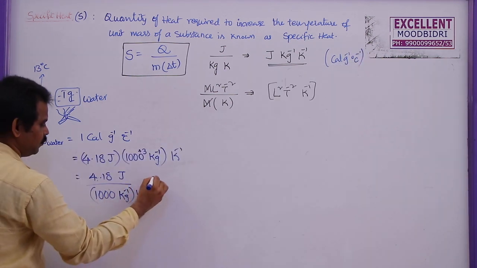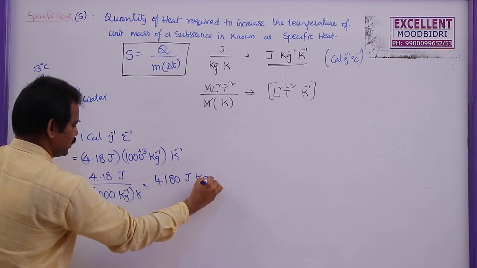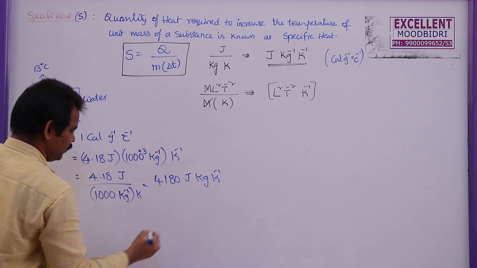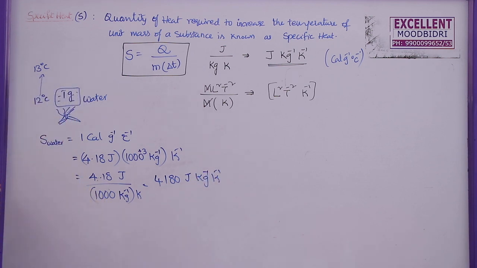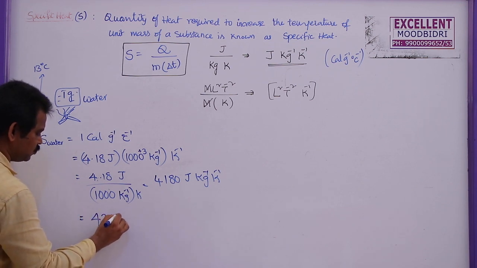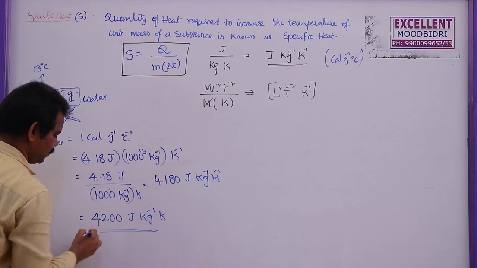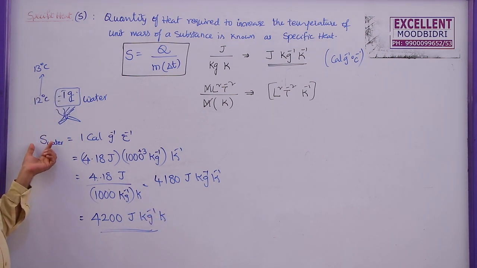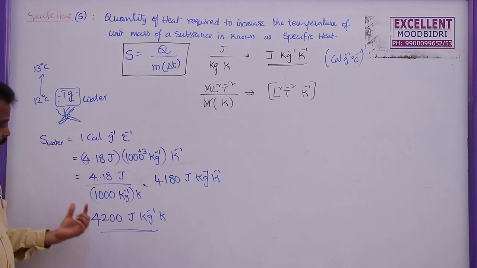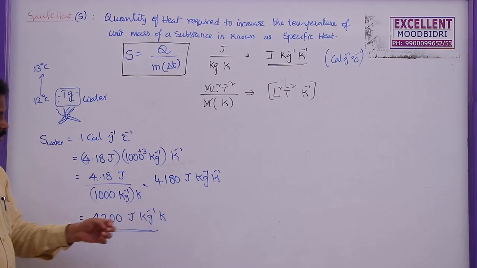In SI, it is 4180 joules per kg per Kelvin. But in general, we take this as 4200 joules per kg per Kelvin. Whenever the specific heat of water is not given in a problem, you take it as 4200 joules per kg per Kelvin.